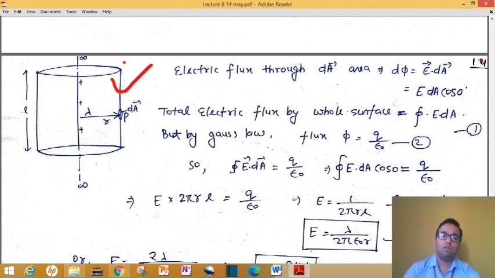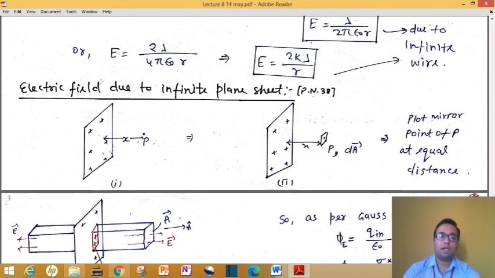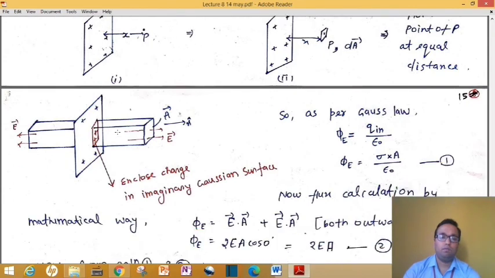That's why we are first learning how to make a Gaussian surface, and after that we will solve electric field due to an infinite plane sheet, given on page number 38. We have already calculated it without using Gauss law, but this time we will calculate it with Gauss law.